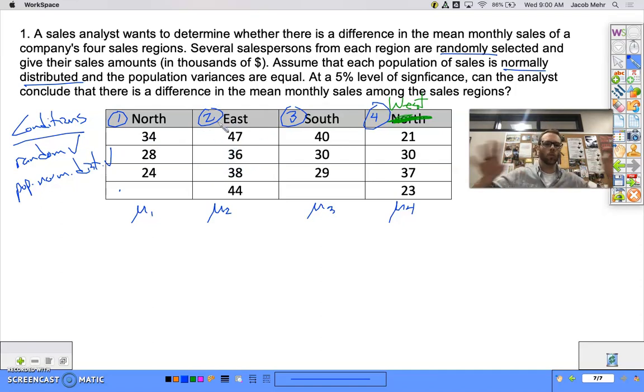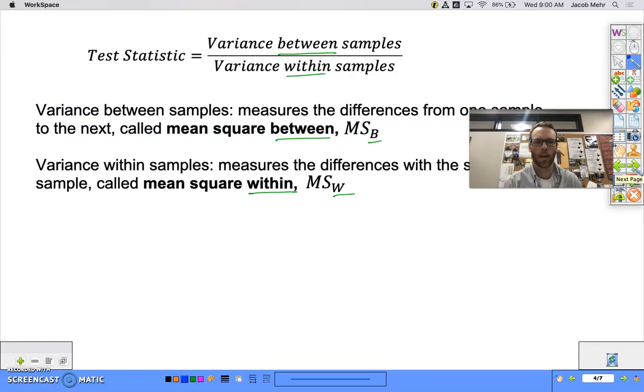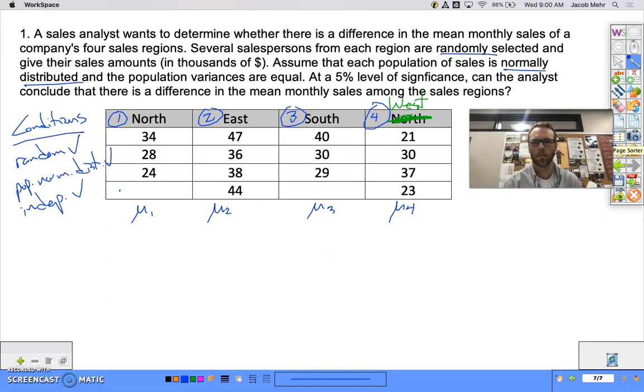Because they're different regions, they'd be independent. So I think we have independence. And lastly, each population must have the same variance. And it says right here, population variances are equal. So we've got it. All right, our conditions.